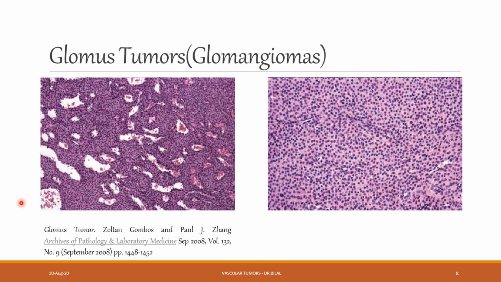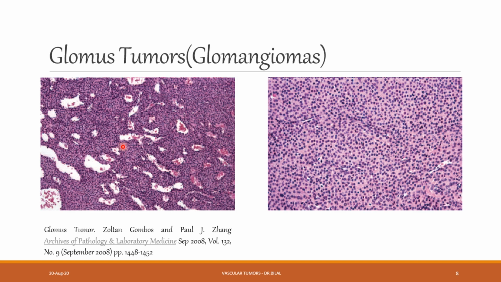Another tumor is known as the glomus tumor. These are also benign tumors. These comprise vessel-like areas. You can see here, these are also lined by endothelial cells. These empty areas are those areas I'm talking about. And in between there is a proliferation of small ovoid cells with round oval nuclei and eosinophilic cytoplasm, which is highlighted in this picture.